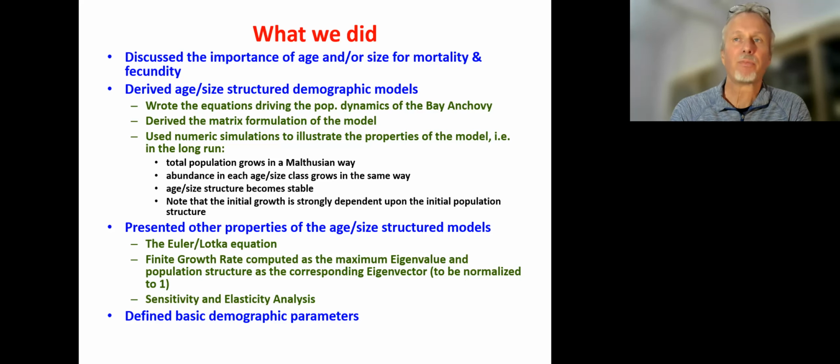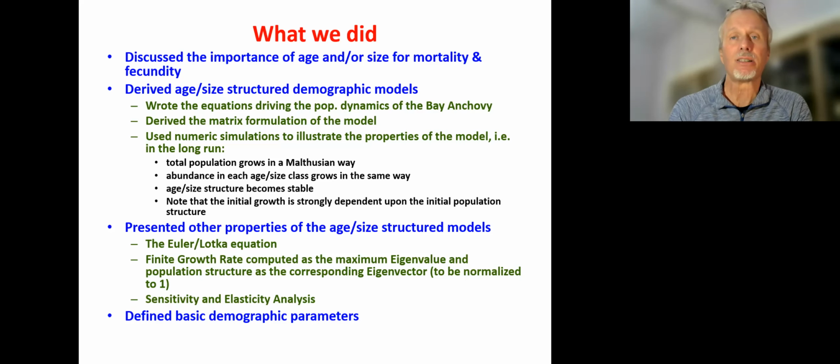We presented other properties of the age, stage and size structured models. We derived the Euler-Lotka equation for the Leslie model, and we also saw how we can use the properties of the transition matrix to compute, for instance, the finite growth rate of the population or the long-term stable age or size distributions.